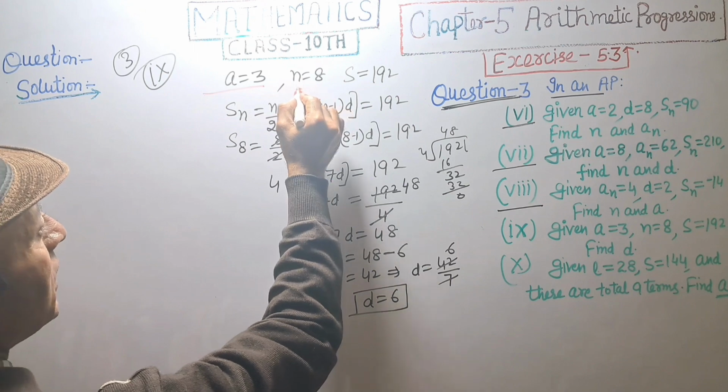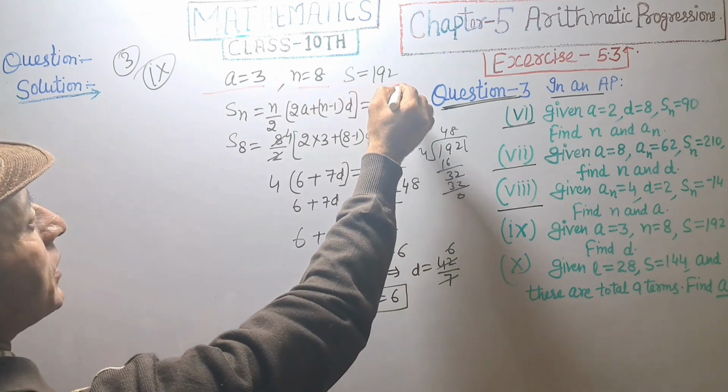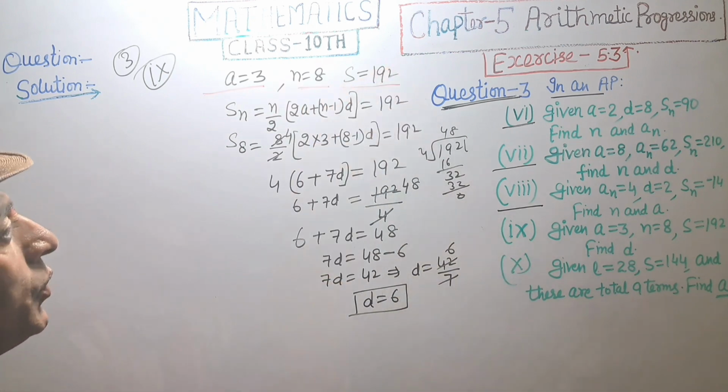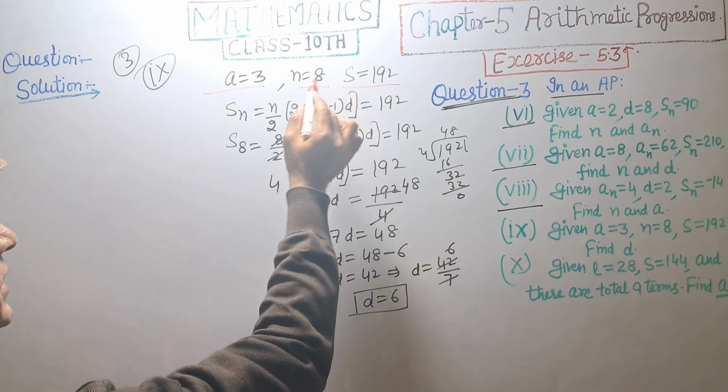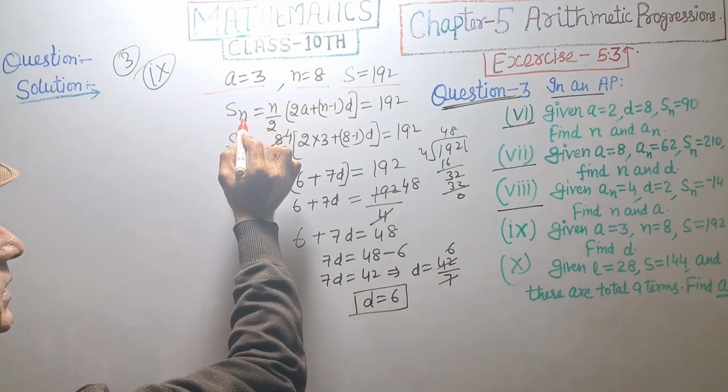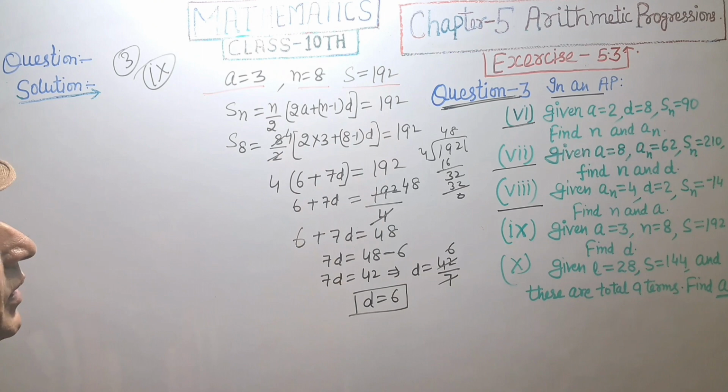Given a is 3, n is 8, Sn is equal to 192. Sn means n is 8, Sn equal to n by 2, 2a plus n minus 1 into d.